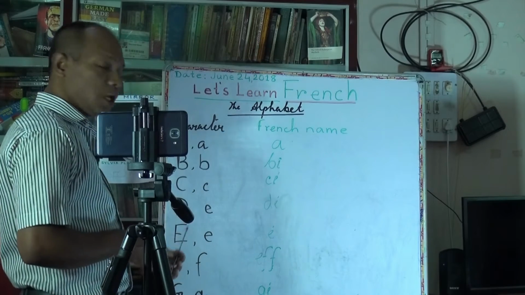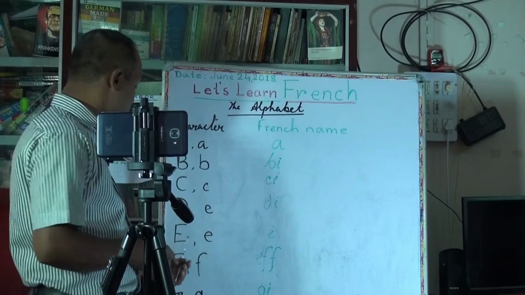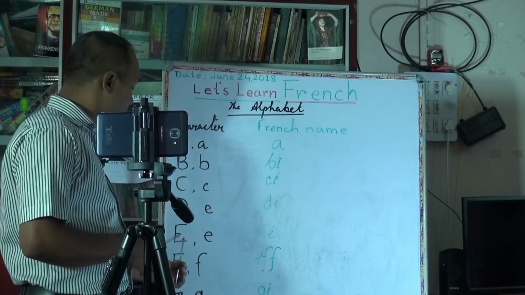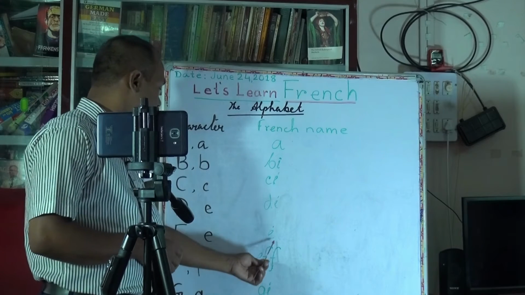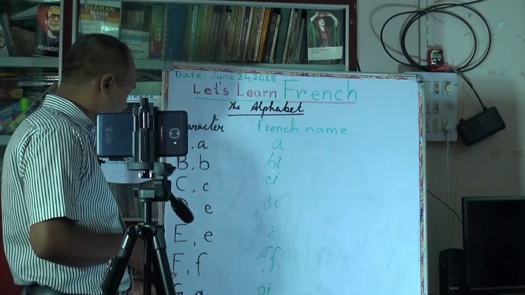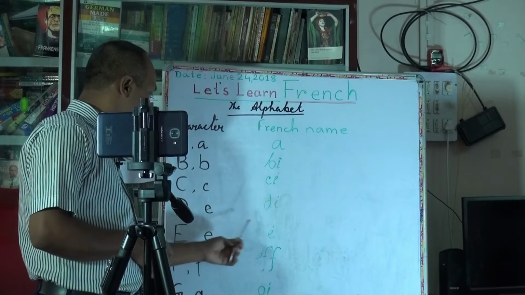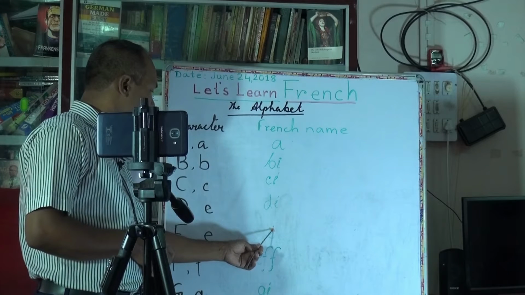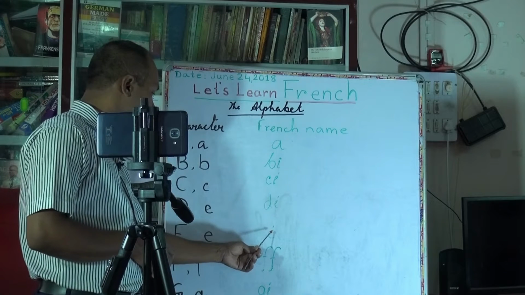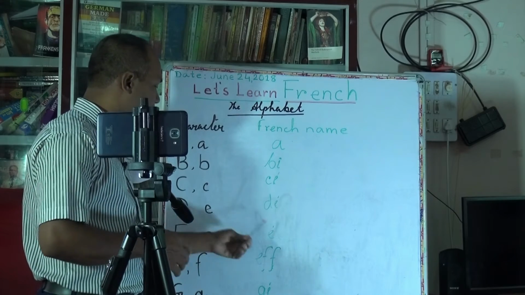In English we pronounce it phonetically as E. In French you could see the letter is almost same, but at the top there is one kind of apostrophe type mark, and that marks the isolated pattern of the French letter.